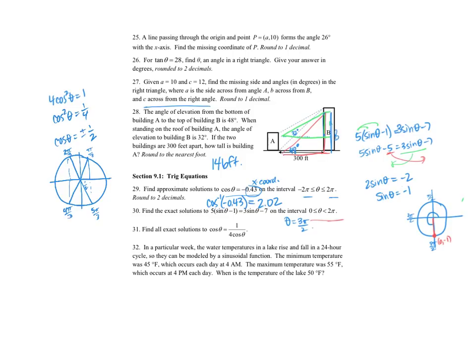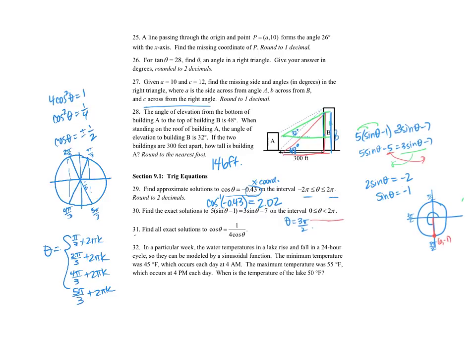So if I wanted to write down all the solutions, then that would be theta is equal to pi over 3, 2 pi over 3, 4 pi over 3, and 5 pi over 3. And to all of those I can add 2 pi k. Okay. So that's all the solutions on number 31.